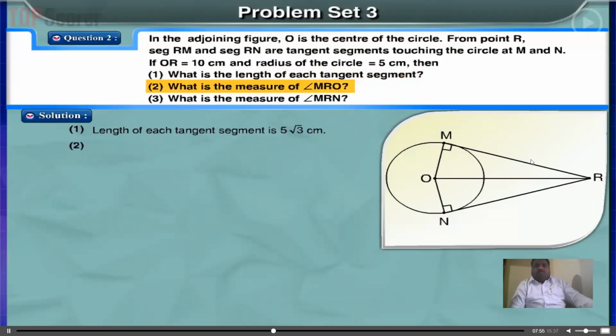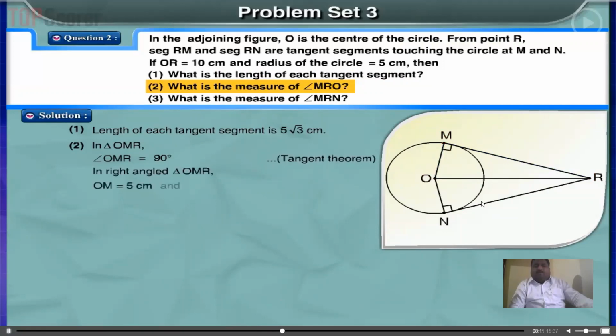Now, see its solution. We have given that in triangle OMR, angle OMR is equal to 90 degree. This is by tangent theorem. In a right angle triangle OMR, OM equal to 5 centimeter and OR equal to 10 centimeter, where OR is the hypotenuse.